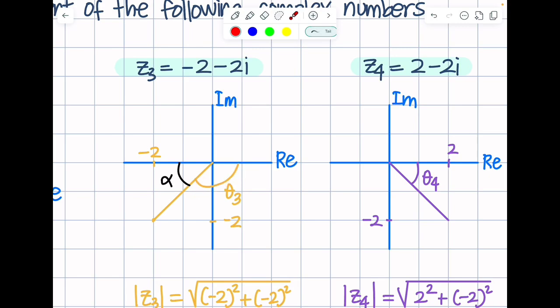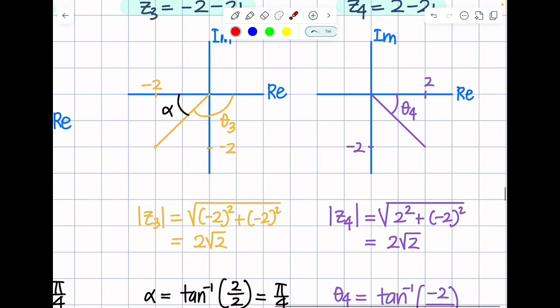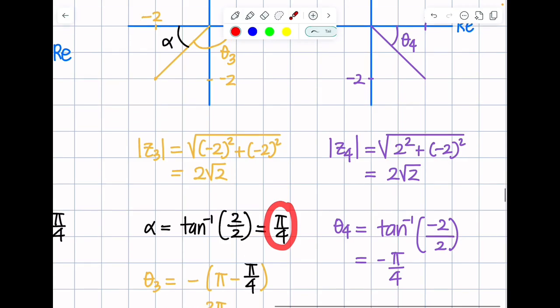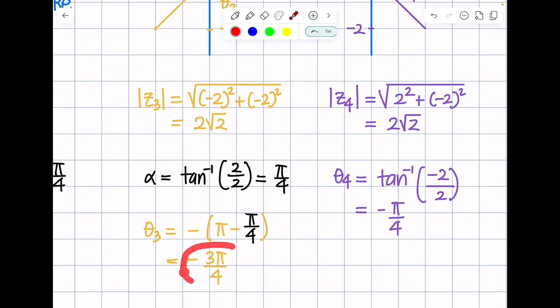Same like the second quadrant, find the smaller angle first. This is pi over 4. So the argument of z3 is negative, open bracket, pi minus pi over 4, and then we get negative 3 pi over 4.